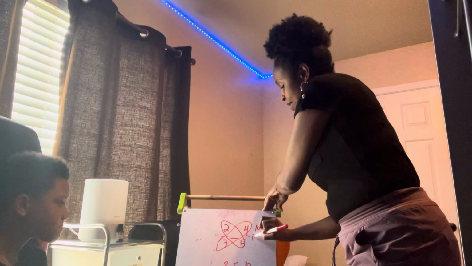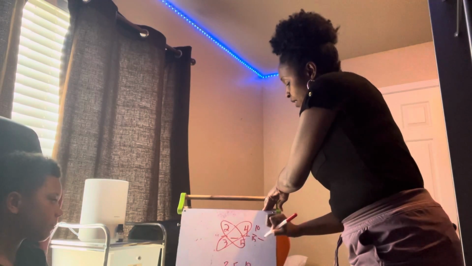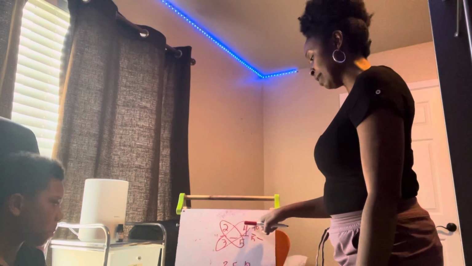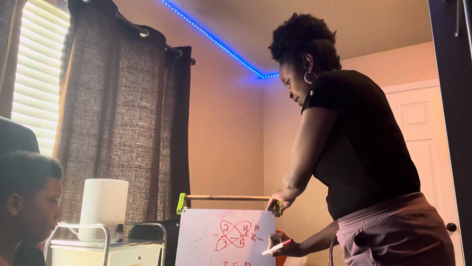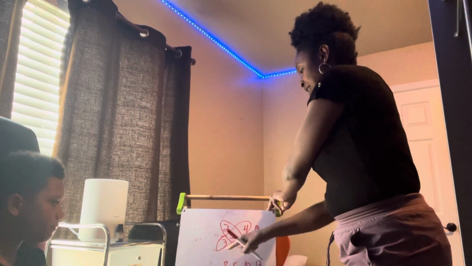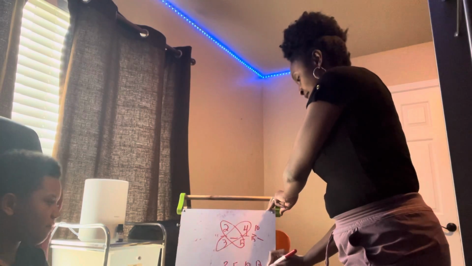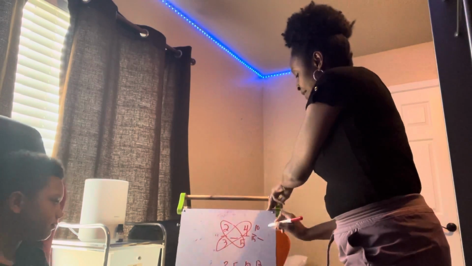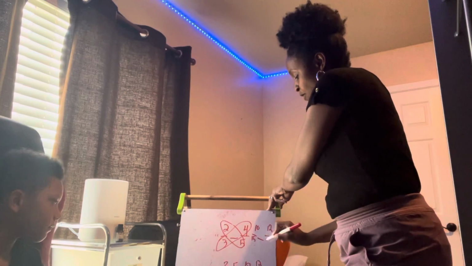We want them to have the same common denominator. So now we're going to take 3 and multiply it by 4. What do you get? 3 times 4 is 12. And then 3 times 5 is what? 15. So what do you notice now about these numbers that were different from before?